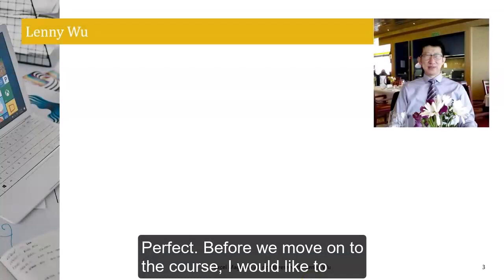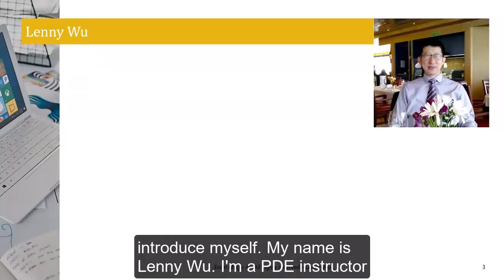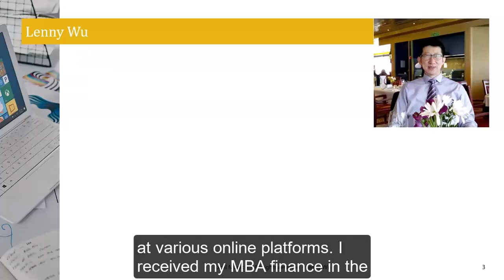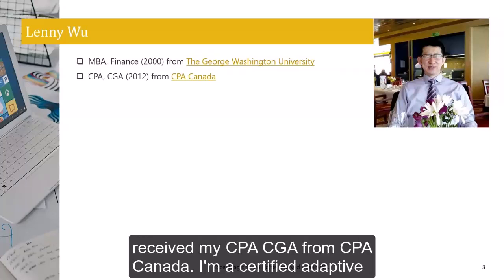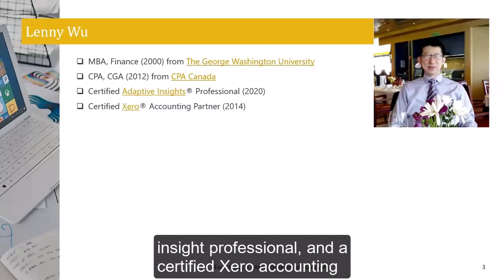Before we move on to the course, I would like to introduce myself. My name is Lenny Wu. I'm a PD instructor at various online platforms. I received my MBA Finance in the year 2000 from the George Washington University. I also received my CPA CGA from CPA Canada. I'm a certified Adaptive Insight professional and a certified Xero Accounting partner.